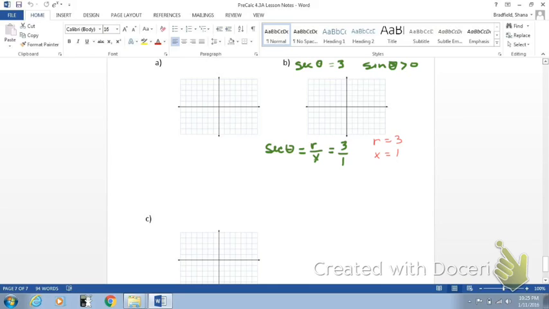And then it says sine of theta is greater than 0. Well, sine of theta is y over r, and if it's greater than 0, and we already know that r is positive, then y also has to be positive. So in order to have a positive x and a positive y, that means that the terminal side has to be in the first quadrant. So what we're really drawing is that reference angle.